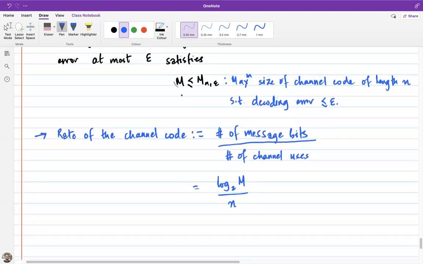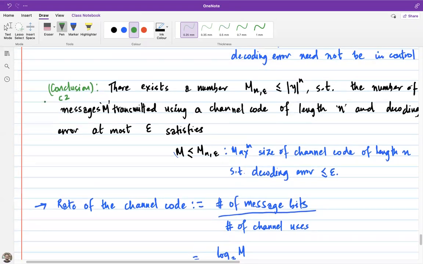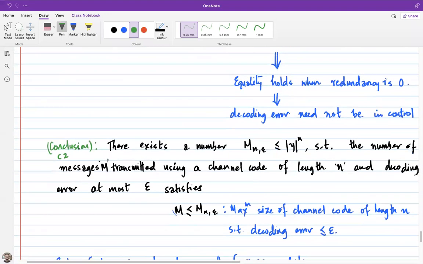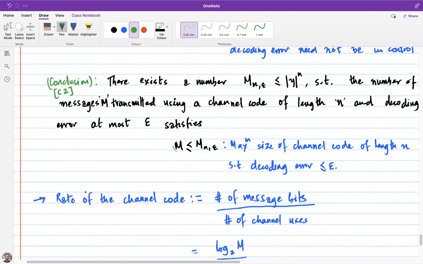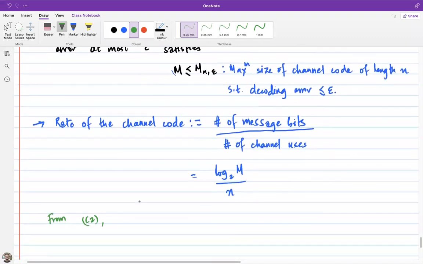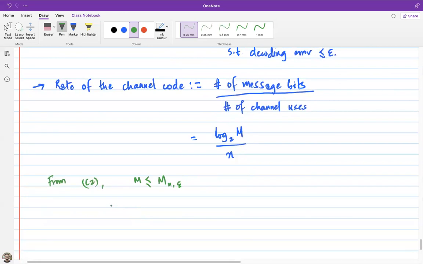Now with the second conclusion, let me call it C2, and this is C1. You see that from C2, since m satisfies this equation, that means m is less than or equal to M(n, epsilon).